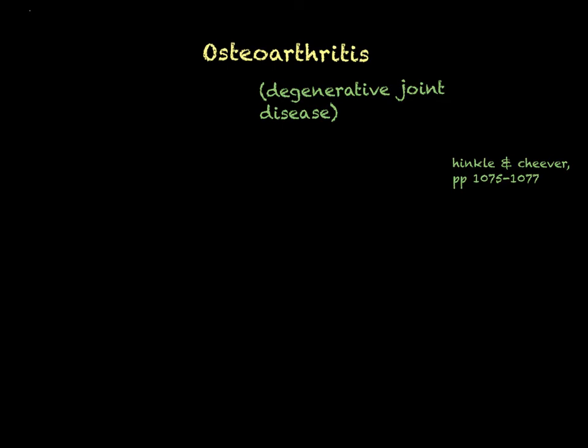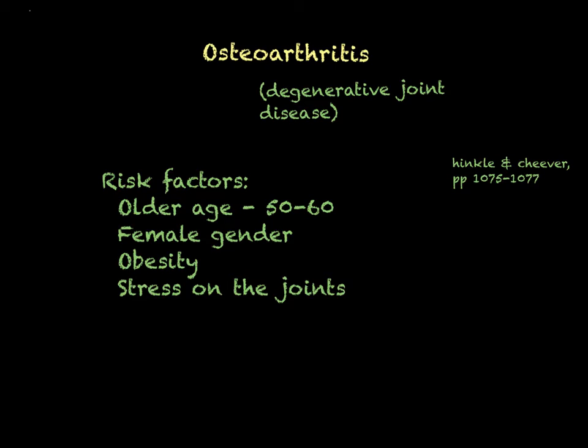And speaking of risk factors, let's get into that a little bit. The typical patient that presents with osteoarthritis symptoms is older in age, about 50 to 60 years, female gender, and obesity.